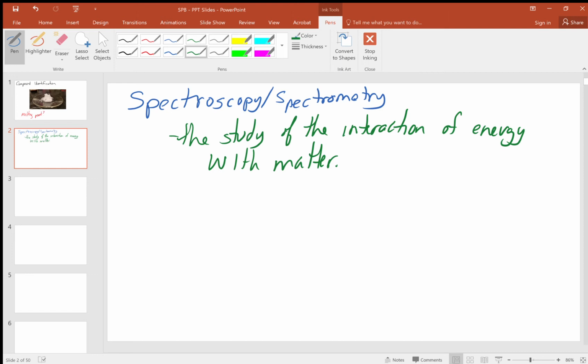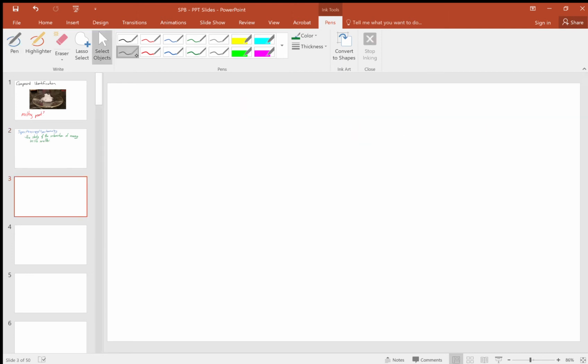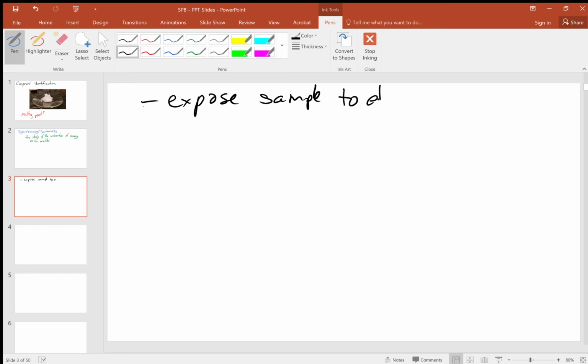So in general, most of these techniques apply the following principles. We take our sample and we expose our sample to some sort of electromagnetic radiation, for example, infrared.